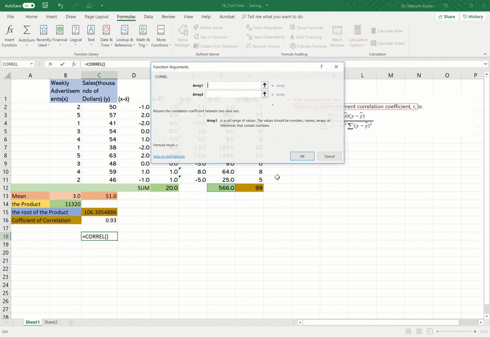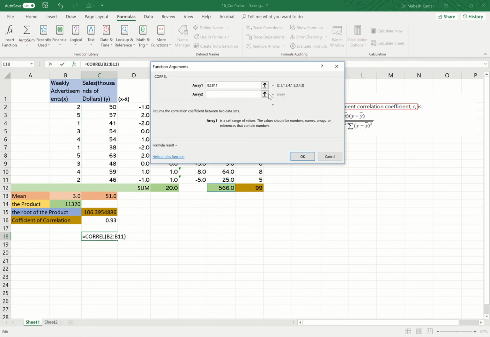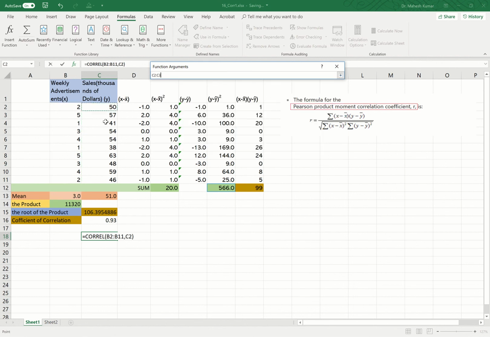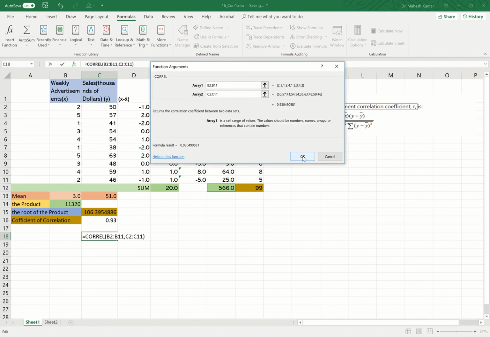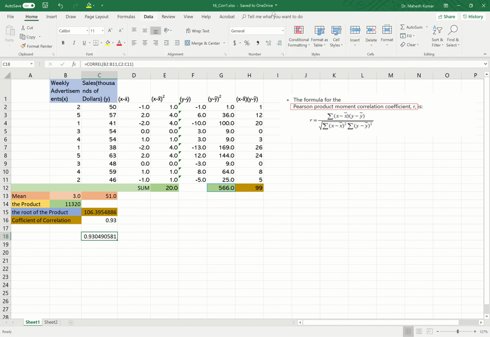I click OK, and it is asking me the array 1. The array 1 is weekly advertisement, and array 2 is sales data, and then I click OK, and exactly the same value of correlation we get from Excel as well.